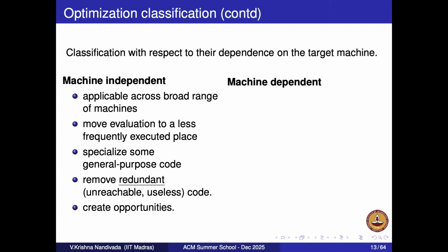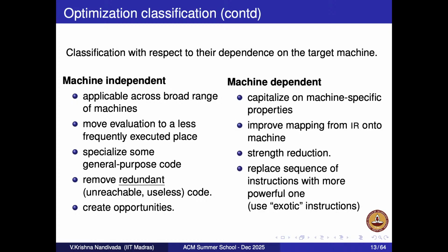So the optimizations can be machine dependent or independent. Machine independent ones are likely to give you better results across different machines. For example, moving some code outside the loop would be machine independent. Removing dead code is machine independent.